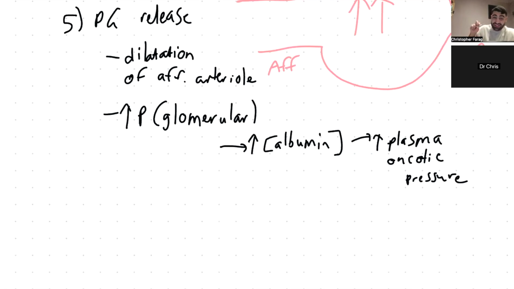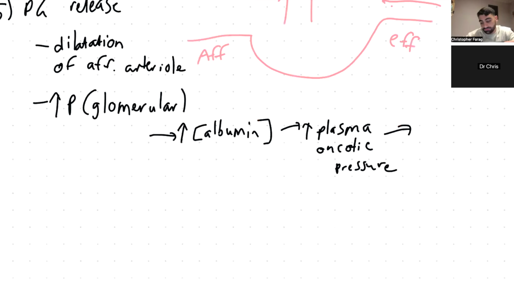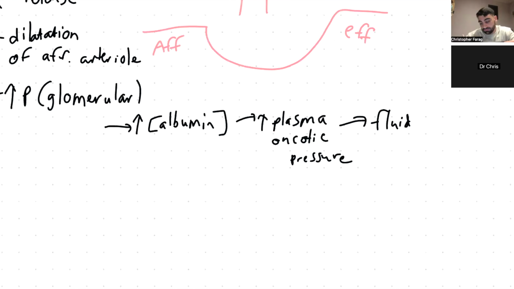Because these solutes are so concentrated, it drags everything out of the kidneys back into systemic circulation, and therefore we can keep it and not lose it to our urine, which is the whole goal. Remember, this happens when we're dehydrated. We don't want to lose it to urine. We want to keep it, right? So this causes fluid resorption. And that's exactly what we wanted. We don't want to lose it to our urine.